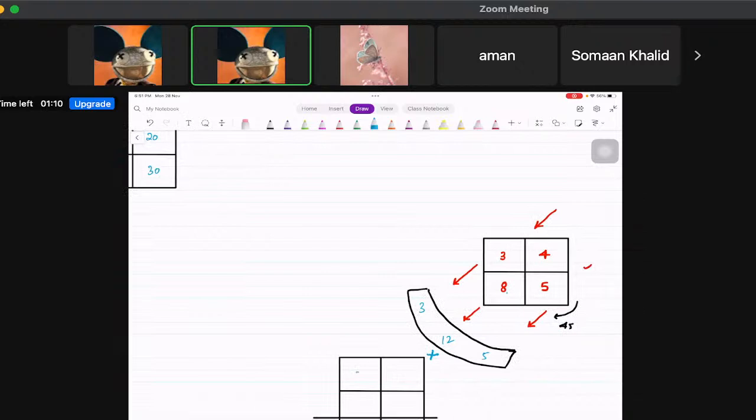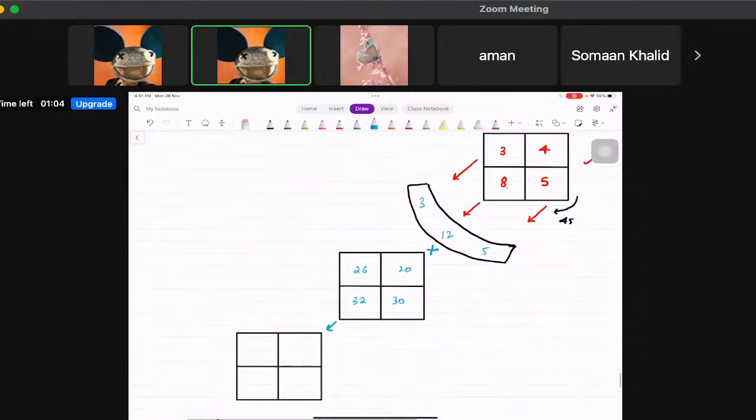Now we add it. So 3 is added to 26, which becomes 29 on the far top left. Then 12 is added to 20, which becomes 32. And 12 is added to 32, which becomes 44. And then 5 is added to 30, which becomes 35. Like that.